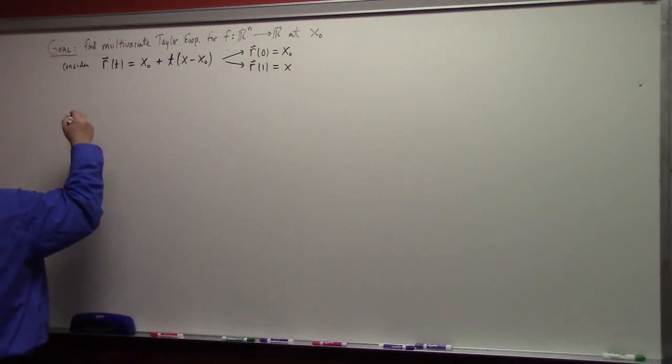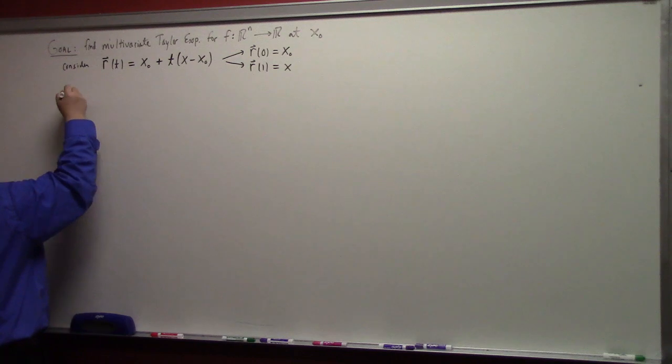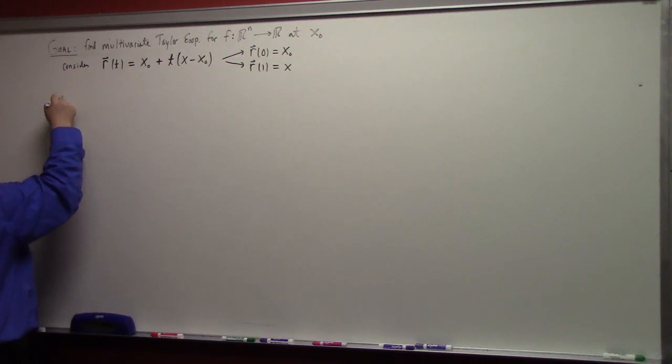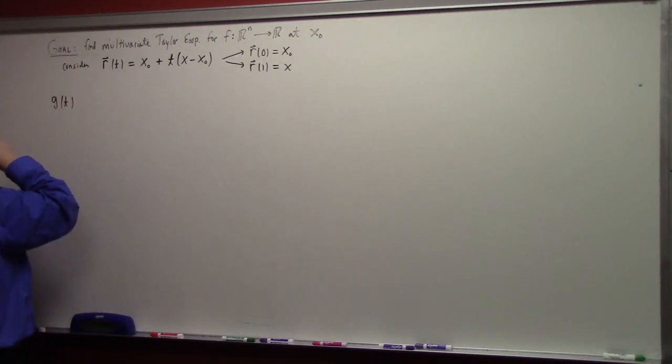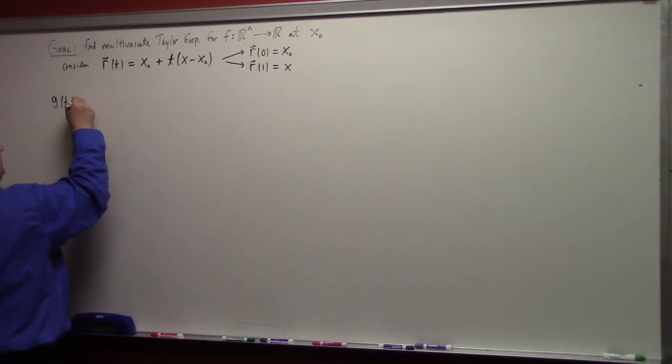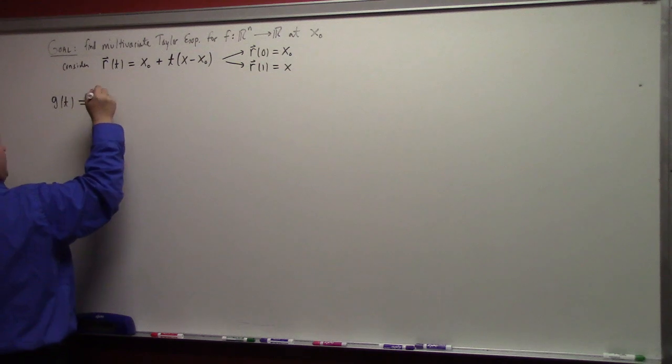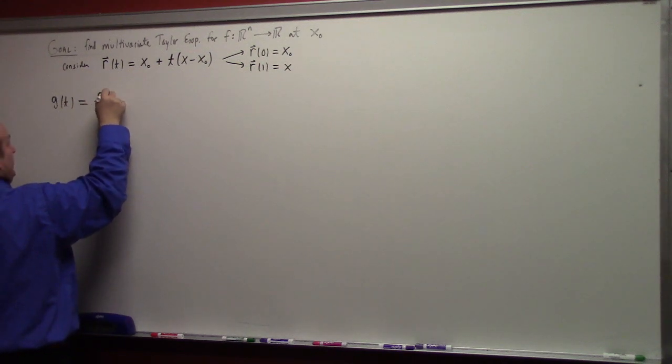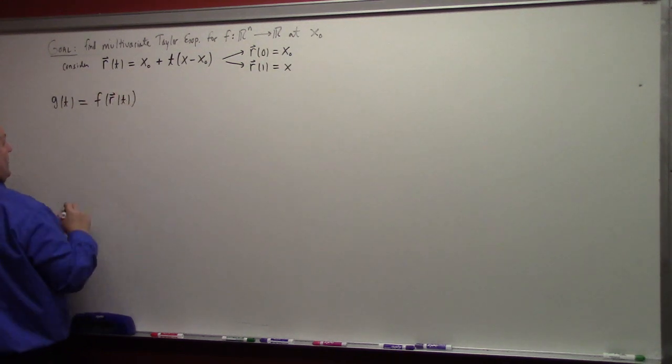And I'm going to consider g of t. And now the thing is, g of t is going to be equal to f of r of t. I'm going to consider that composition.